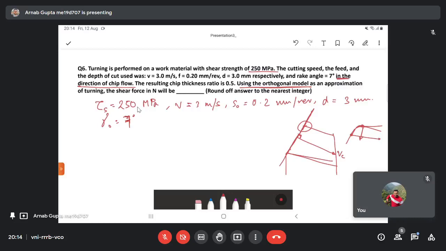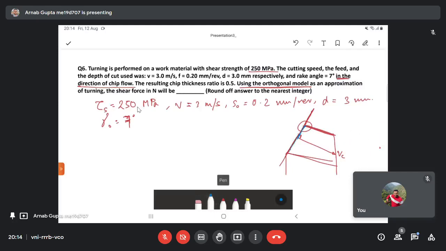You take a weighted average and get a resultant chip flow in this direction. But I'm not going into that complexity. I'm just assuming that the nose radius is 0 here, and hence the chip flow is just occurring perpendicular to the principal cutting edge, that is this particular edge only.